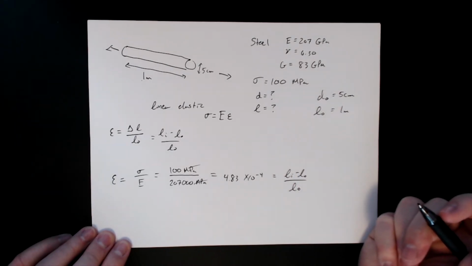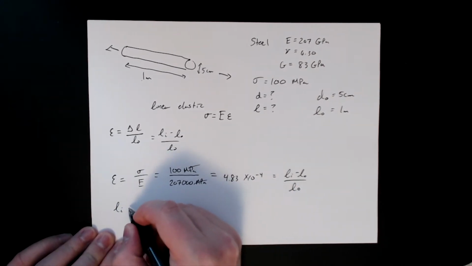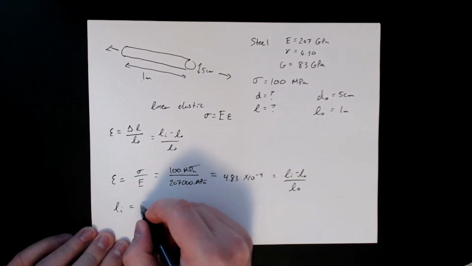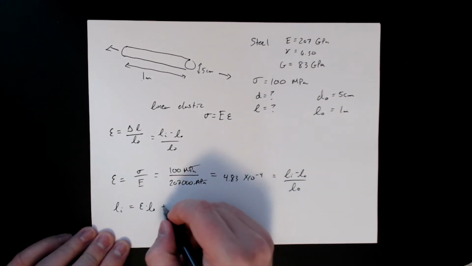So if we want to rearrange this to solve for the instantaneous length, then we can take the strain multiplied by the original plus the original.